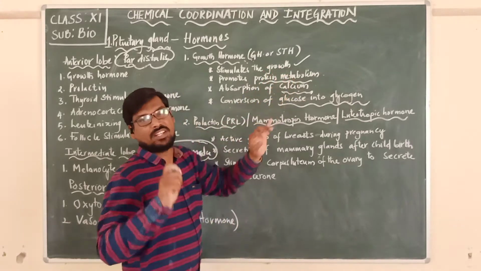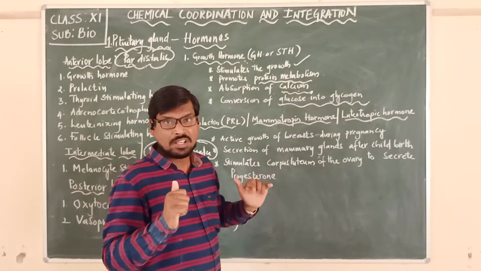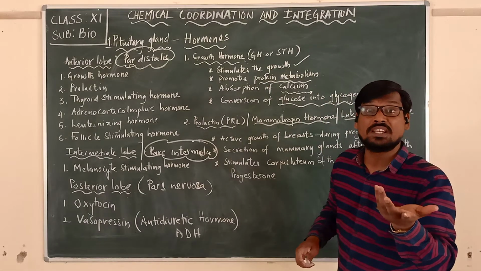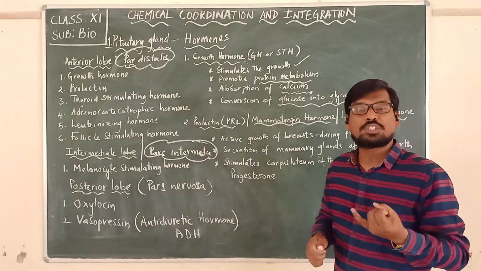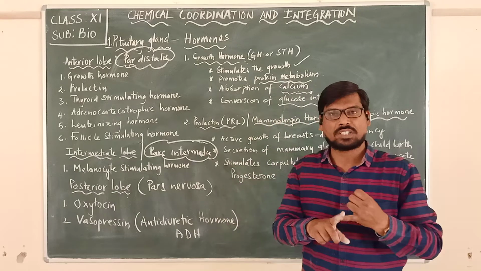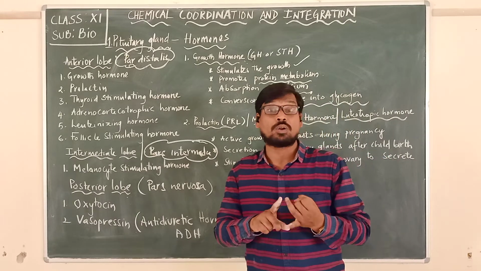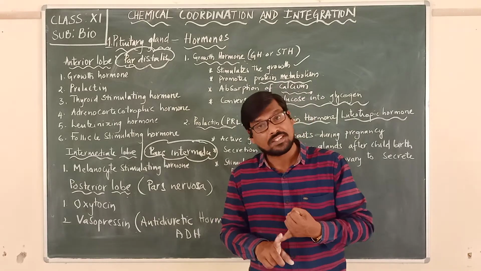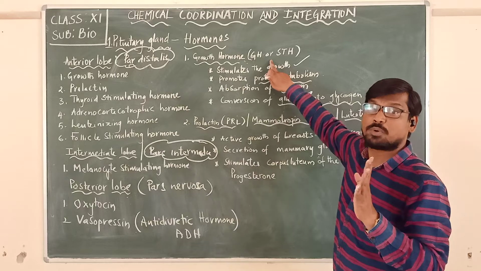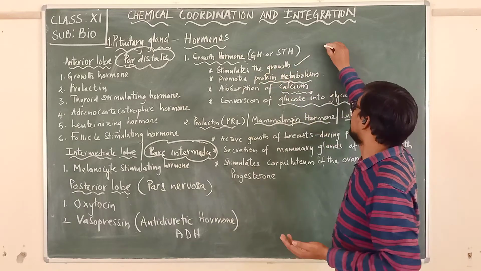So what happens when this growth hormone is produced in excess quantity? We call it hypersecretion, or oversecretion.